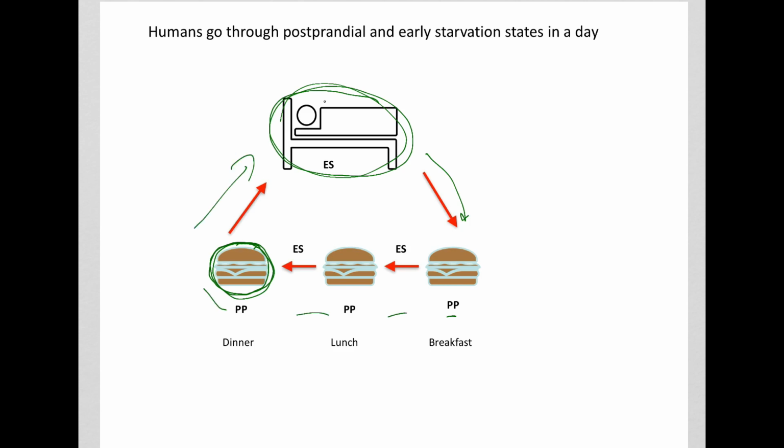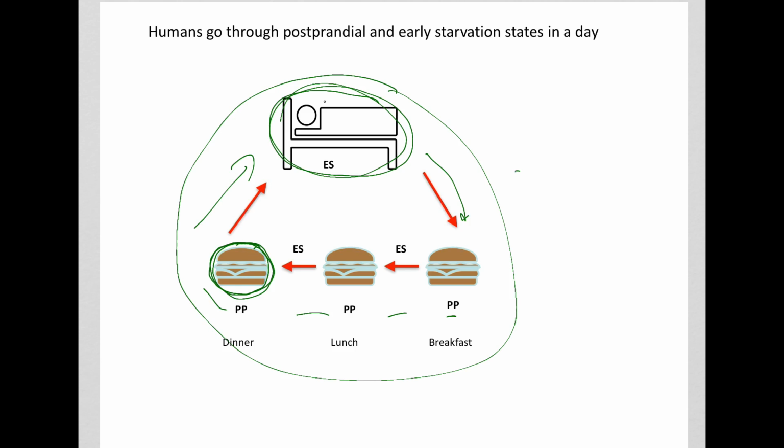Okay, so between liver glycogen as well as the glucose coming from the diet, we should be able to maintain our blood glucose more than 40 milligrams per deciliter, and we should be fine.